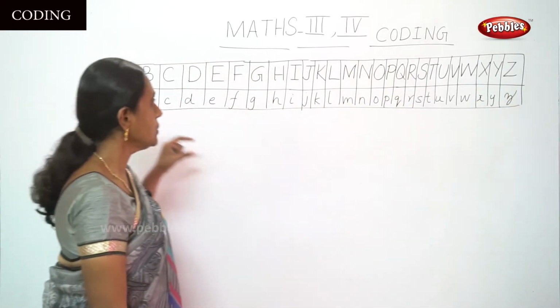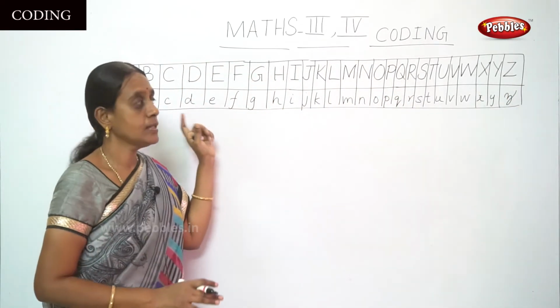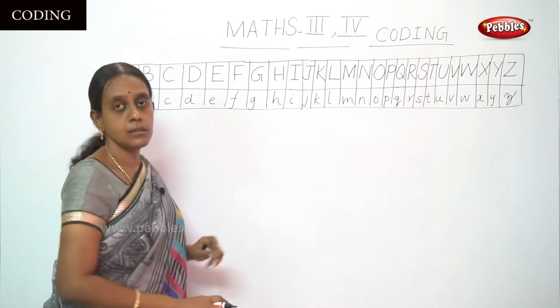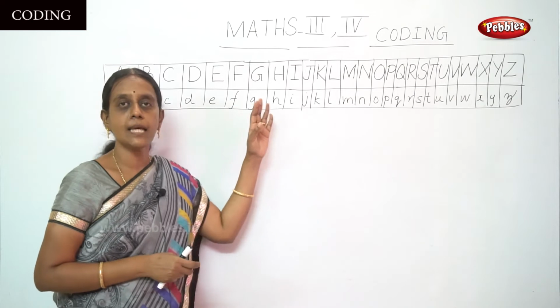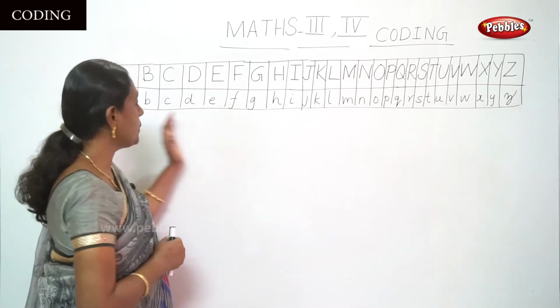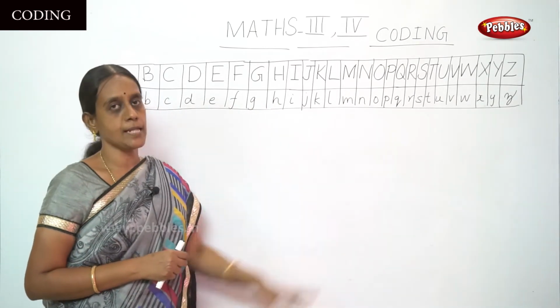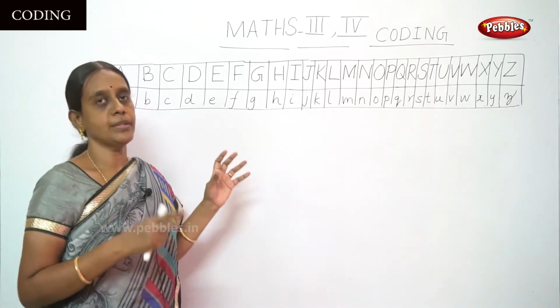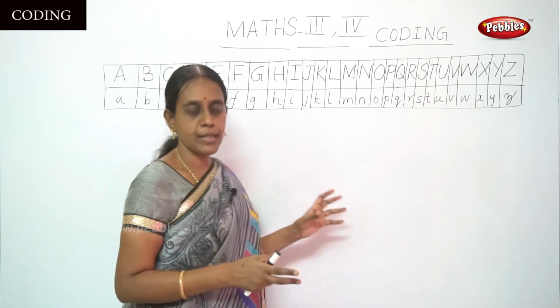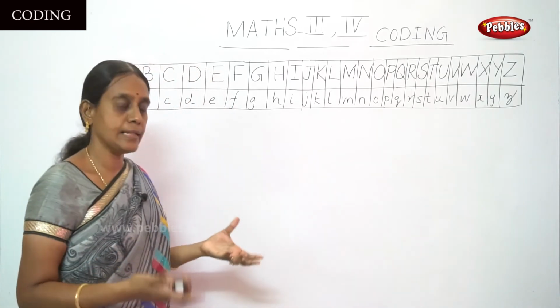I am going to write the table. The upper line shows the uppercase, the capital letters, and the lower one shows the small case letters. For example, we are going to take one statement or one quotation, anything.